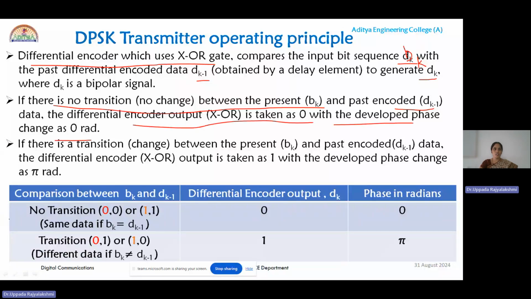That's what we mentioned here. If there is no transition, then the differential encoded data bit is 0 with a phase change of 0 degrees. If there is a transition from 0 to 1 or 1 to 0, as in the second case, that is, if both the data are different, then the differential encoded data bit is 1 with a phase change of pi radians.